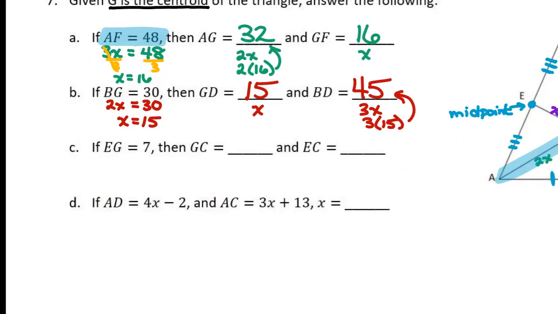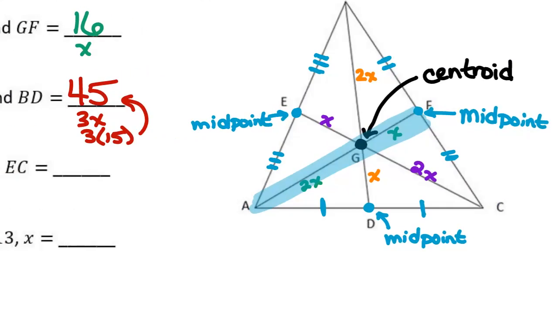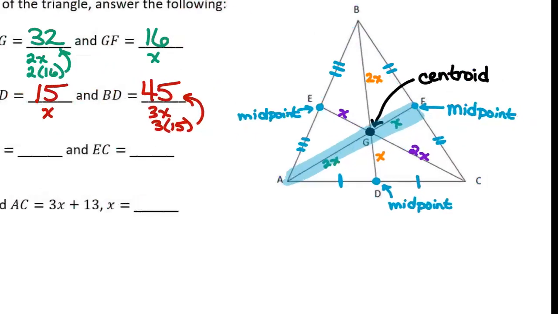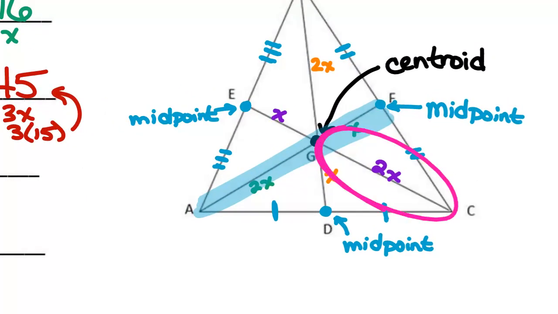It says EG is 7. EG is this right here. Is that X, 2X, or 3X? X. So this is X equals 7. GC would be this right here. Is that X, 2X, or 3X? 2X.